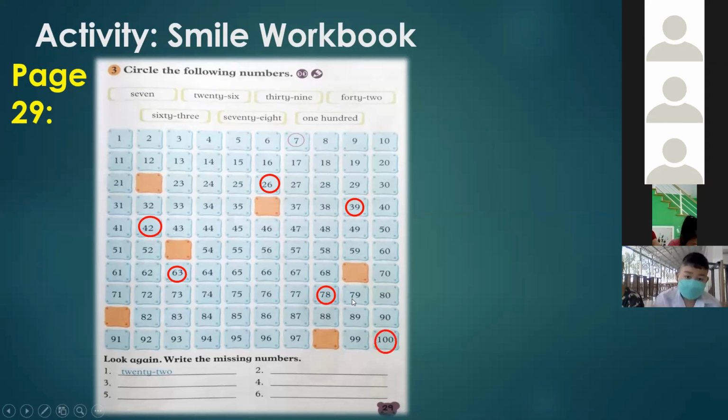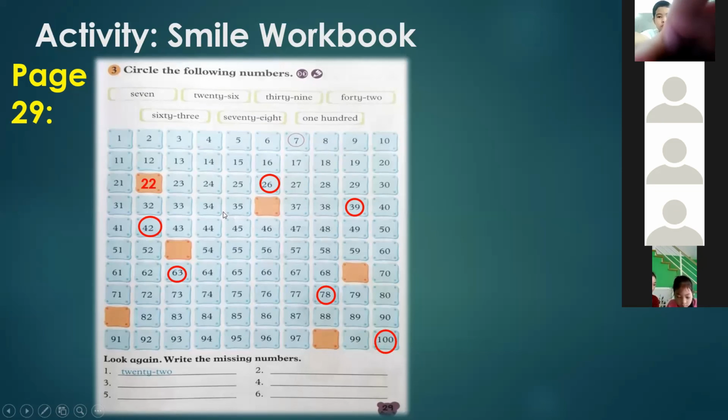Okay, after encircling all the numbers, we're going to write the missing numbers in the boxes. We have here 21. What is next to 21? 22. And here we have 35. What is next to 35? 36.